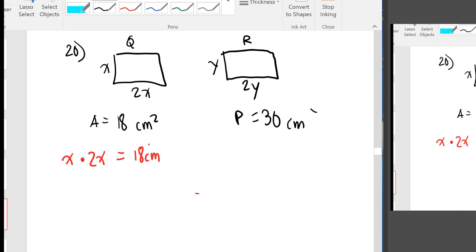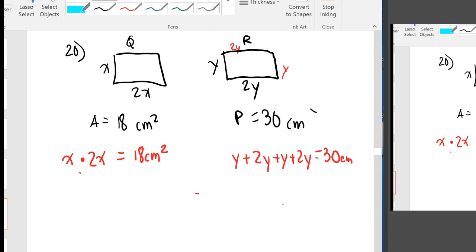And for rectangle R, if I do y plus 2y, but I can't forget there's also a y here and 2y here, so y plus 2y plus y plus 2y, I will get a total of 30 centimeters.